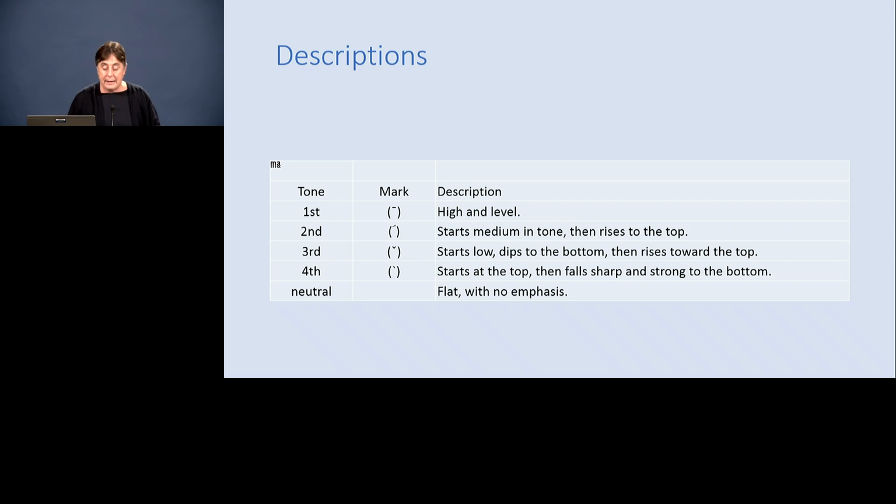Third tone, and it looks a bit like what it does on your personal register, except that it's more asymmetrical, but it's a little V image. Starts low, dips to the bottom, then rises towards the top. Not all the way to the top, mind you, but towards the top. So ma, and then fourth tone starts at the top, then falls sharp and strong to the bottom. Ma, ma. And then finally, there is a neutral tone where there's no emphasis.